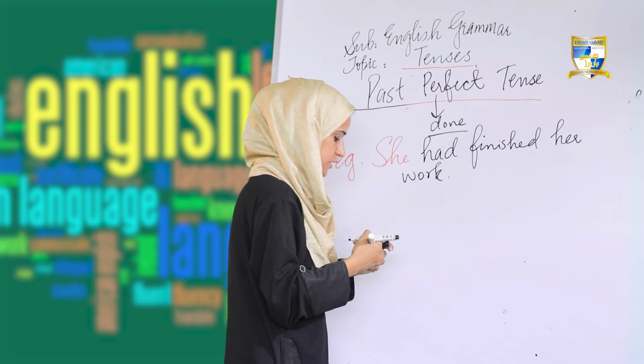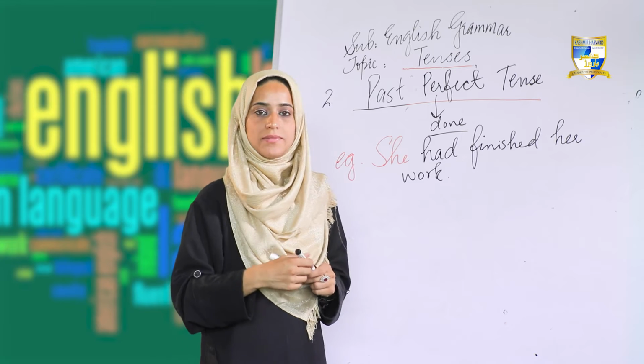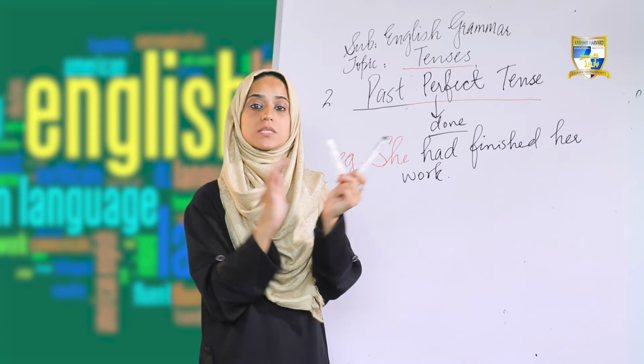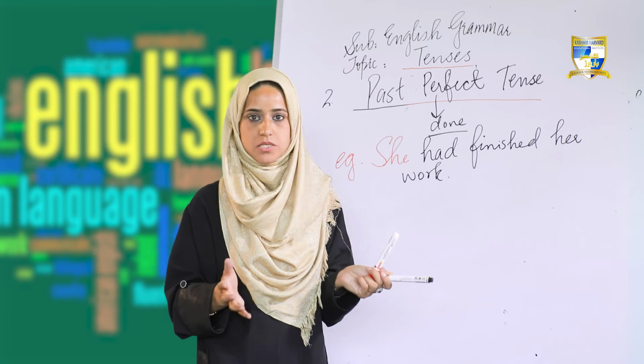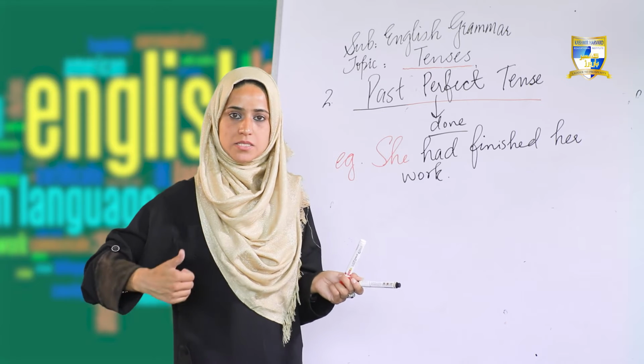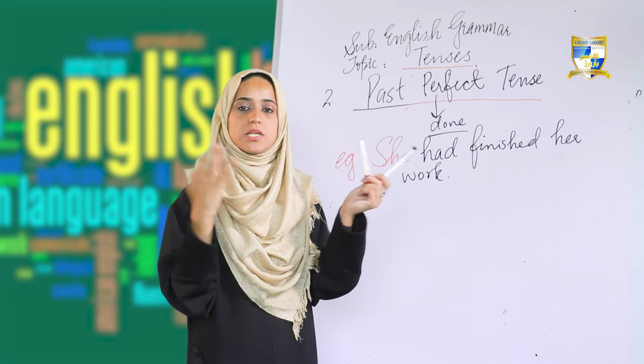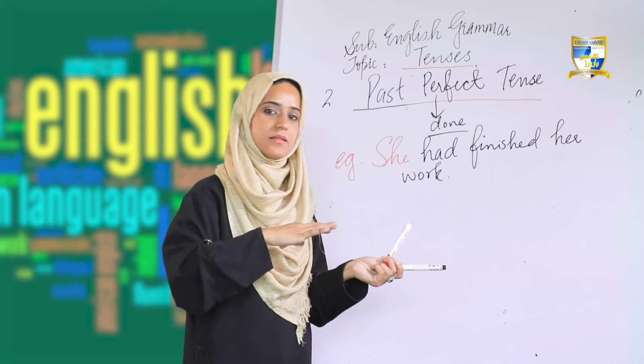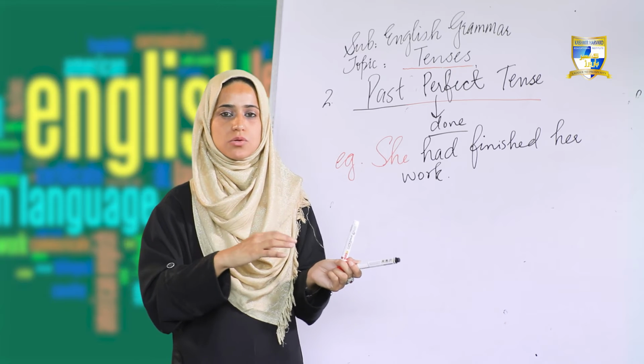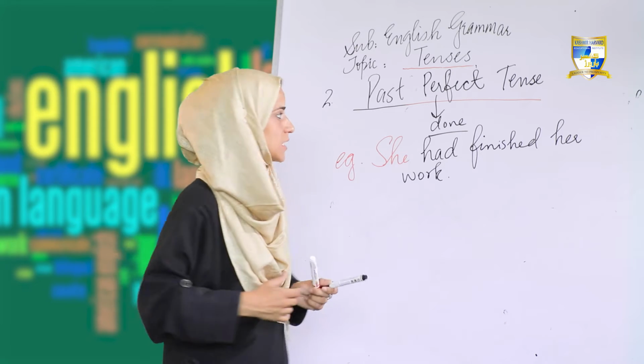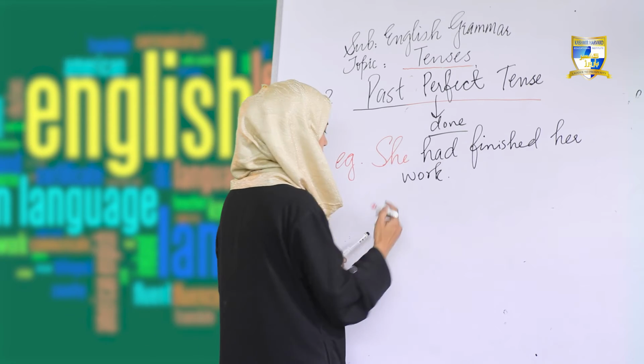So here, dear students, we are talking about an action that took place in the past and was completely done in that part of time. We are talking about the past and the past of the past. We are mentioning a past action that happened in the past, and the effect of the action could still be felt in that past time. She had finished her work.